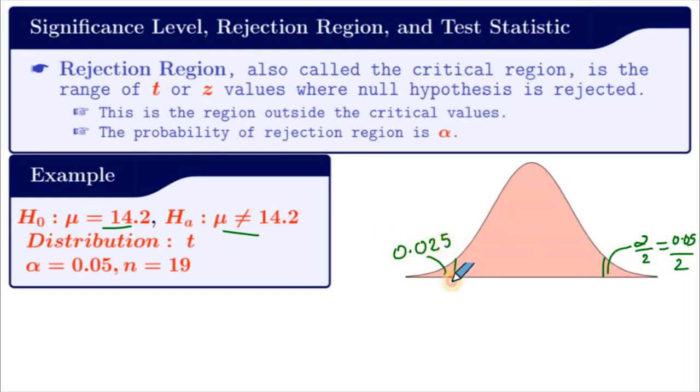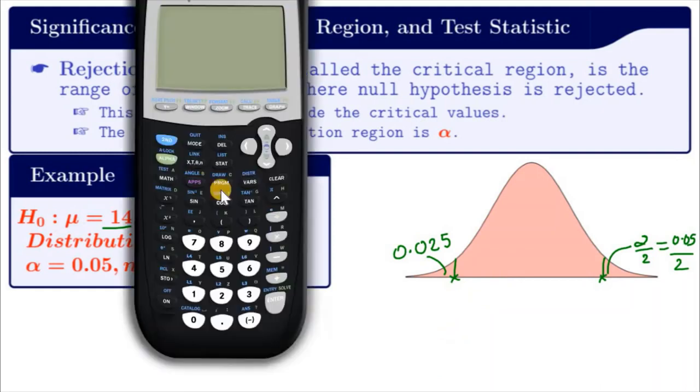Now to find this boundary value, we can use calculator or Excel or table. For now, I am just going to use calculator. So for that, let me pull up my calculator up on the screen. Now go to second distribution. We'll be using number 4, which is inverse t.